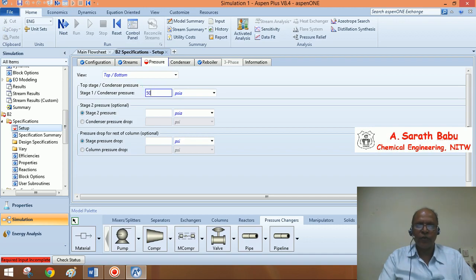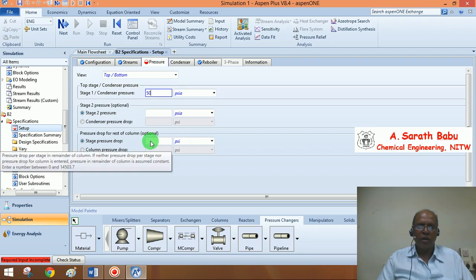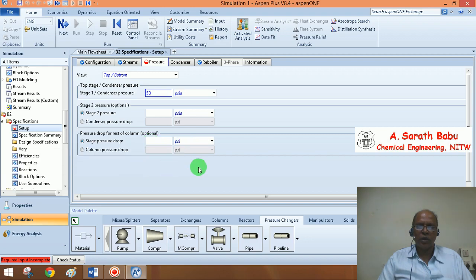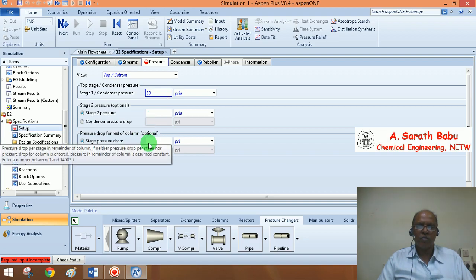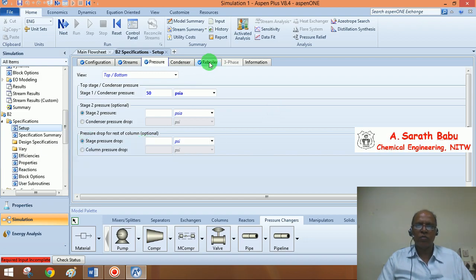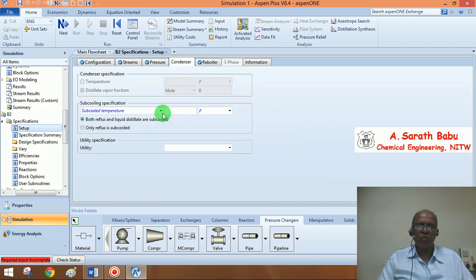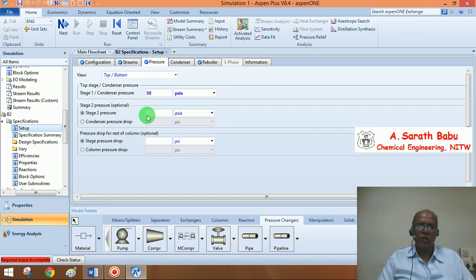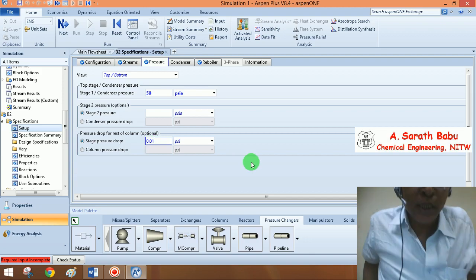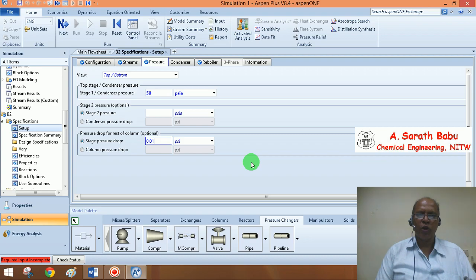Pressure, condenser pressure is 50 psi. Stage 2 pressure. Okay, so because there are 10 stages, the pressure drop is taken as 0.01.